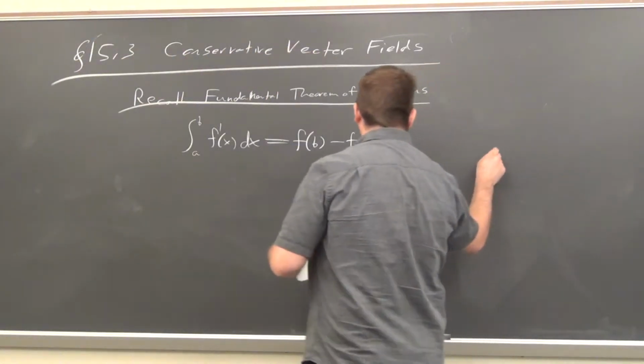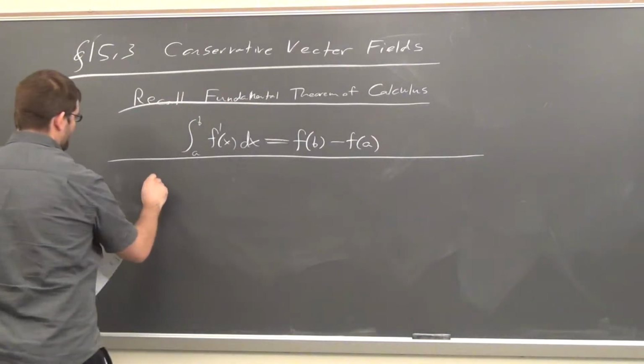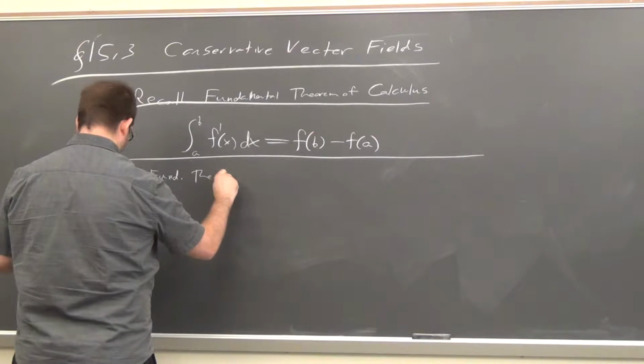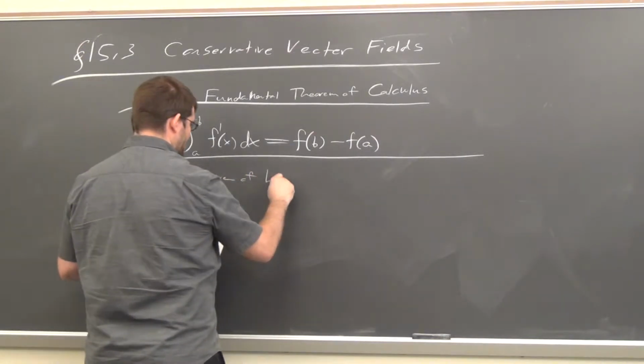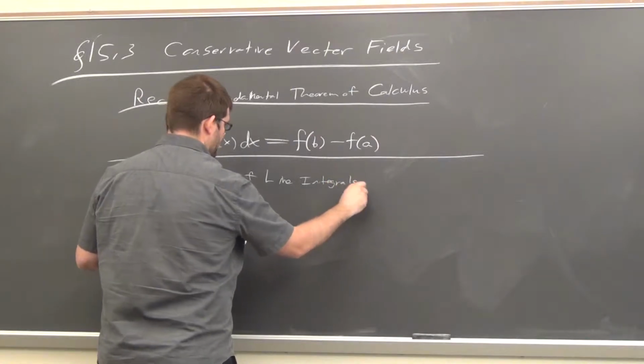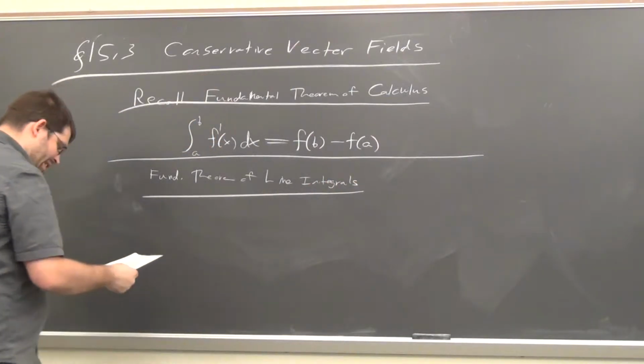That make sense? So the point is that if we have a conservative line integral, we have basically the analogous theorem here. So the fundamental theorem of line integrals. Okay, so it's basically the same thing.